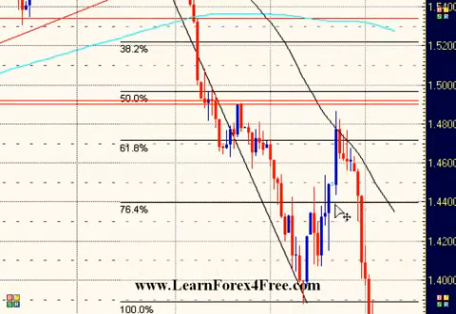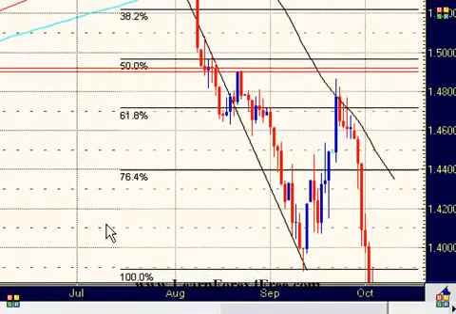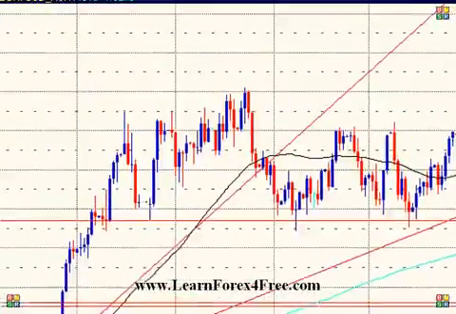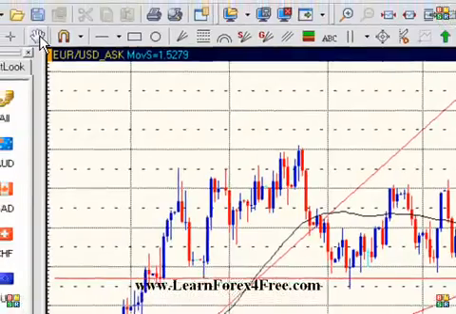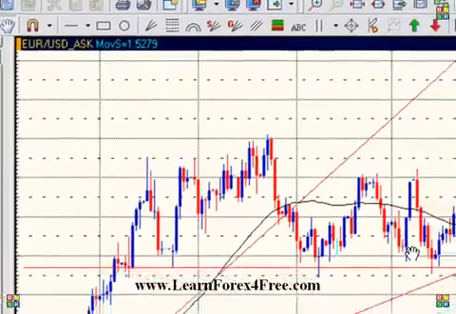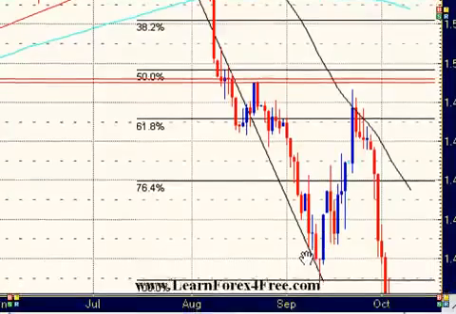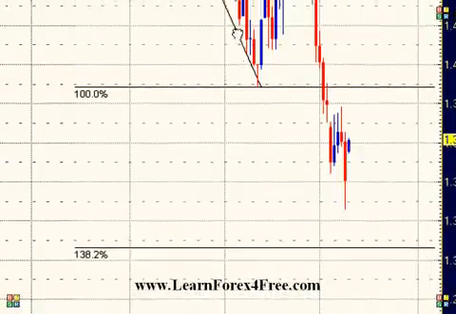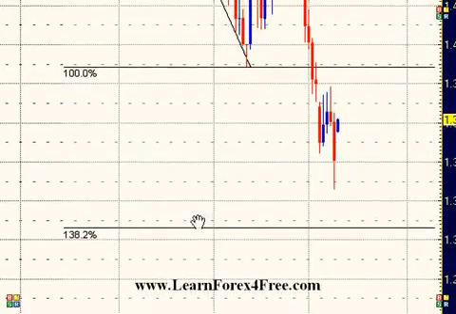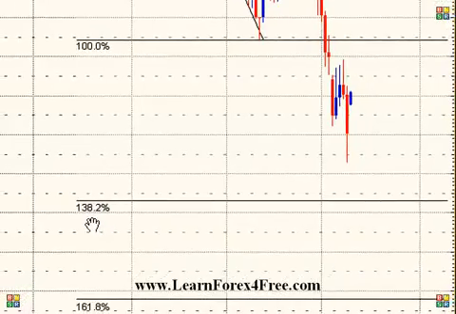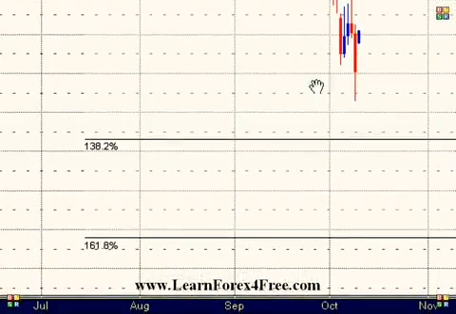Now, when such a dramatic reversal does occur, where would it continue and how far would it go? How do we know where to put our stops and limits? So let me show you the essence of Fibonacci extensions and how they can help us with that. You can see there are the Fibonacci extensions, 138% and then 161%.